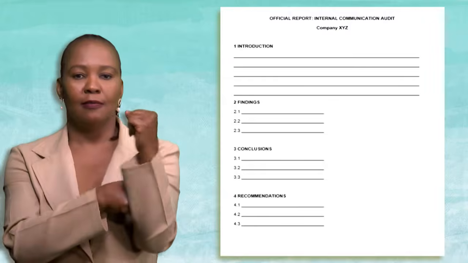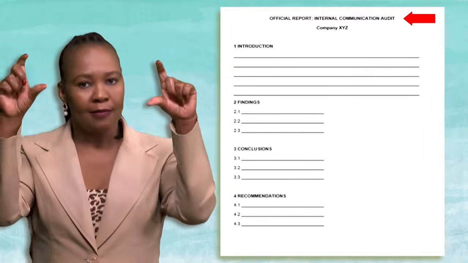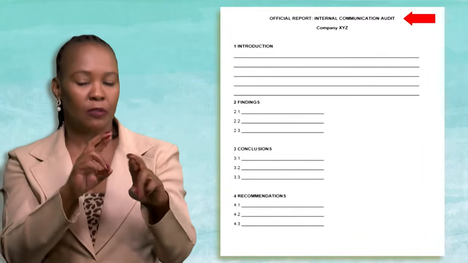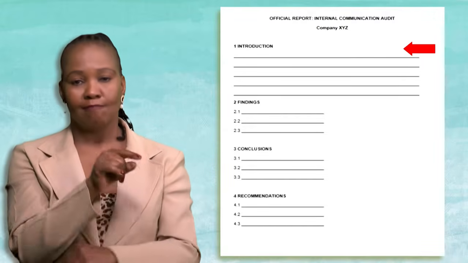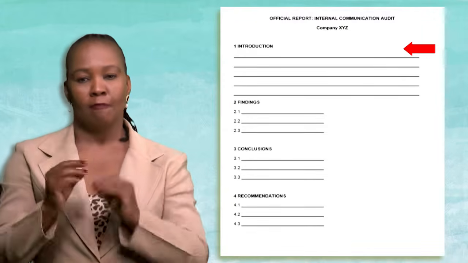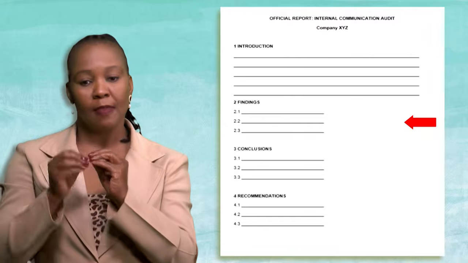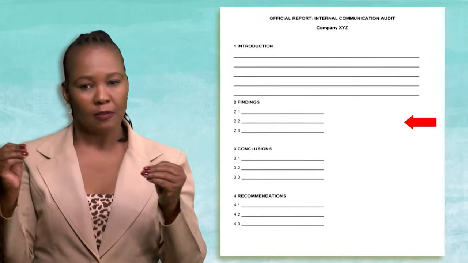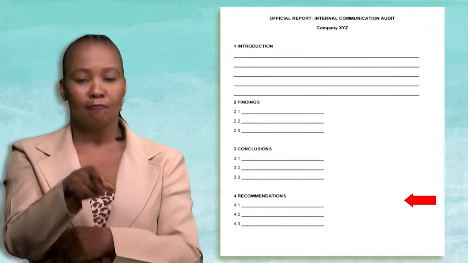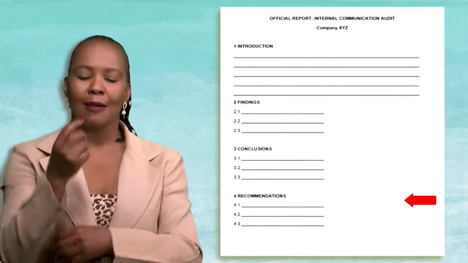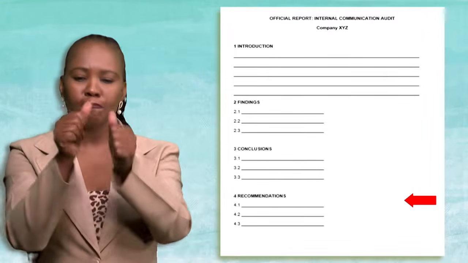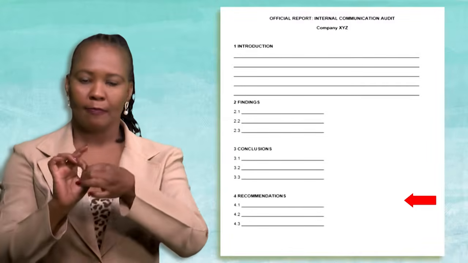You should follow this structure: the heading and the title of the report, the introduction, which should be written in paragraph format, the findings, conclusions and recommendations, which should contain a numbered list that should be logically linked.